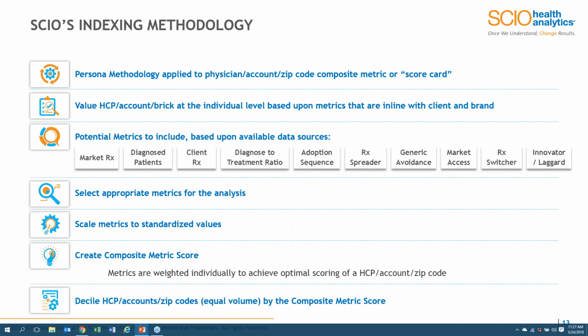And then again, with the combination of knowing what the persona type is for that individual HCP or facility and this composite valuation score of the facility, both used in conjunction, you can really provide a powerful measure to either target or promote your products and services to those either HCPs or facilities.